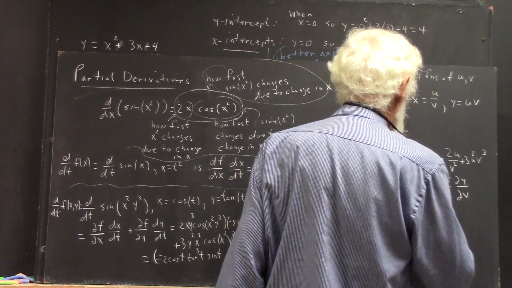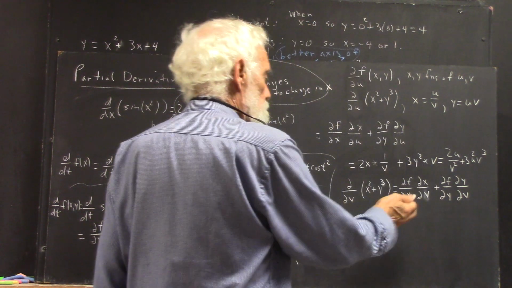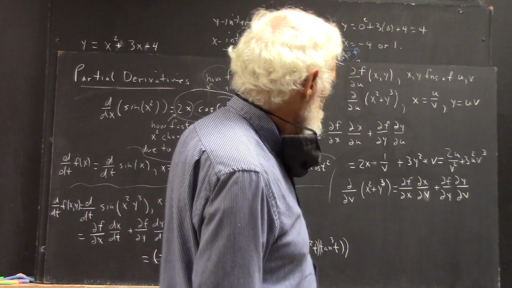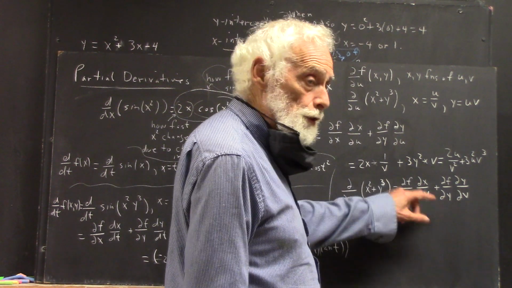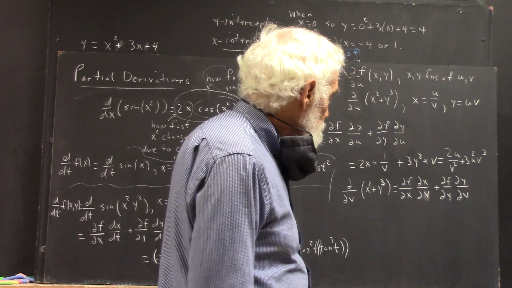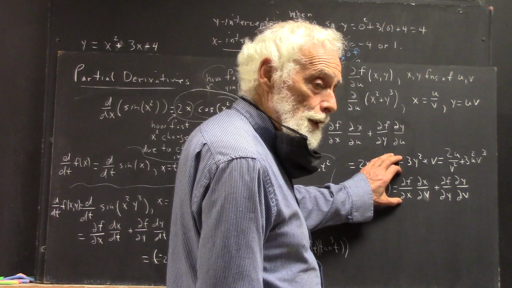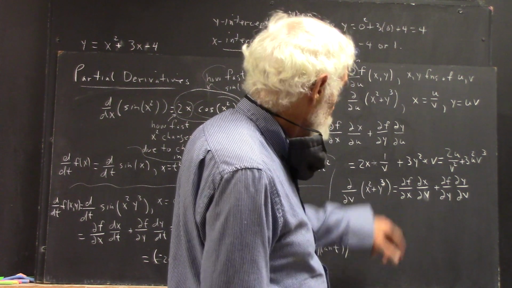And this isn't u, this should be v, because it's the partial with respect to v. Okay? So again, v makes x change at this rate, and this is how fast f changes with respect to x.